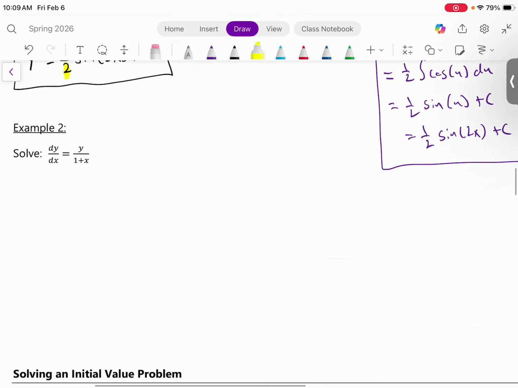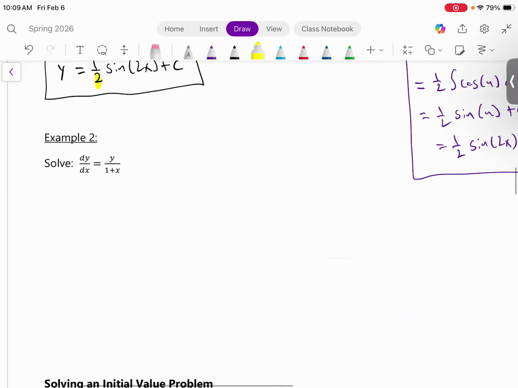For example 2, we have dy over dx equals y over 1 plus x, and we want to integrate this. This is actually separable. I know we talk about a product of x and y functions, but this is being divided, so it is similar in a sense. Let me just rewrite this.